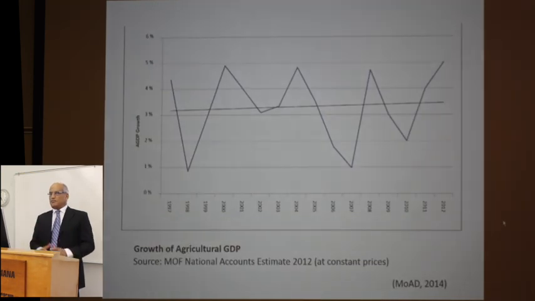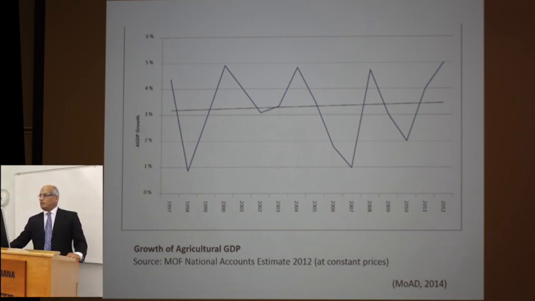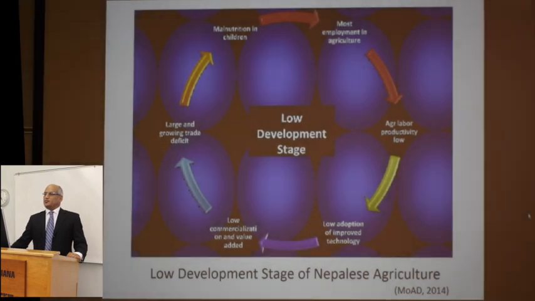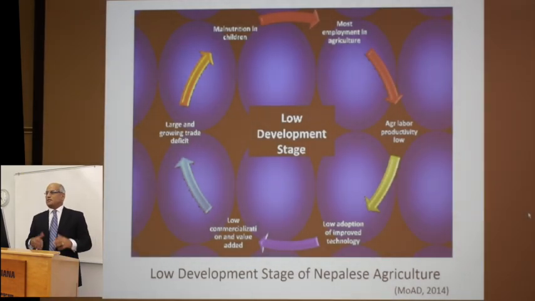Despite so much investment on agricultural growth and overall economic development of the country from many different sectors, the growth of agricultural GDP is still stagnated at around 3%, and Nepal's agriculture sector is still characterized as being at a very low development stage.